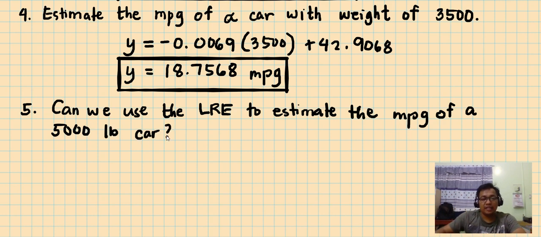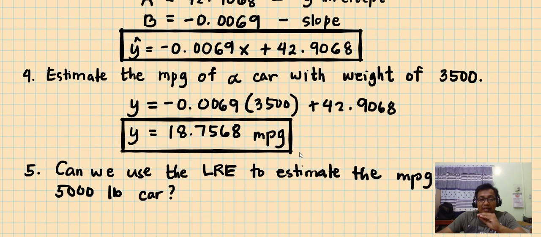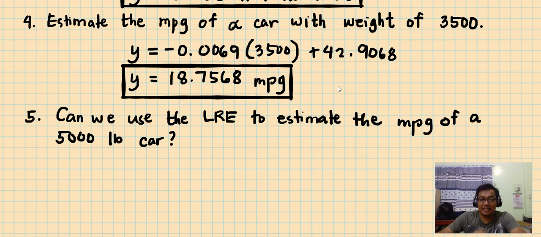Ang sabi natin kanina, the linear regression equation can only be used when it is greater than 2,721 and less than 3,860. Ibig sabihin, between that weight lamang, okay? Eh, yung 5,000 pounds, it is greater than the maximum already, ano? So, we cannot use our linear regression equation. Ang sagot dito, no.